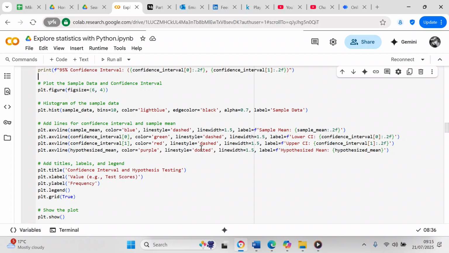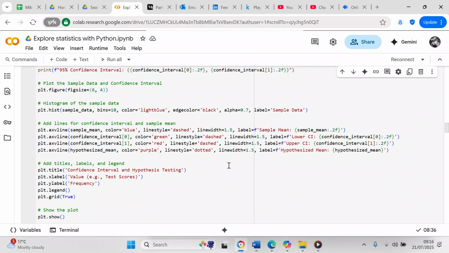Then plt.axvline, brackets, confidence interval 0, color equals green, linestyle equals dashed, linewidth equals 1.5, label equals lower confidence interval. plt.axvline, brackets, confidence interval 1, color equals red, linestyle equals dashed, linewidth equals 1.5, label equals upper confidence interval. plt.axvline, brackets, hypothesized mean, color equals purple, linestyle equals dotted, linewidth equals 1.5, label equals hypothesized mean.